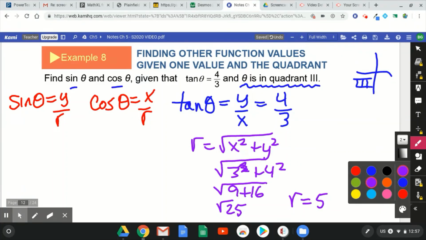So then if we look and we say, okay, y is 4 and r is 5, x is 3 and r is 5, and we circle those, we will be wrong. Why is that wrong?